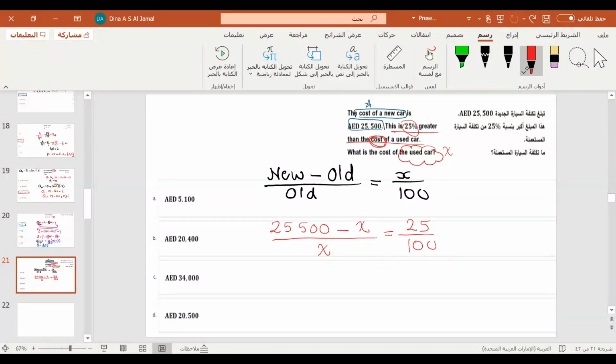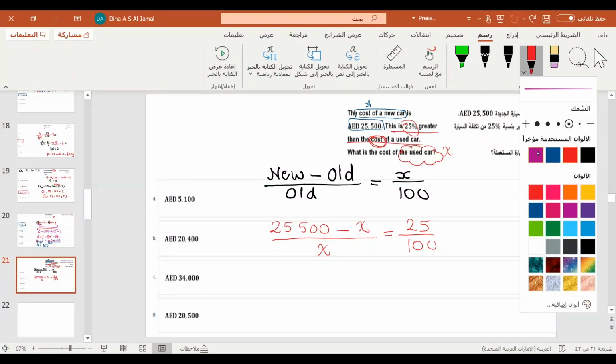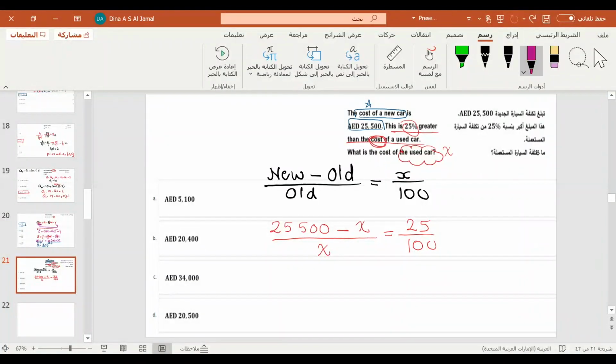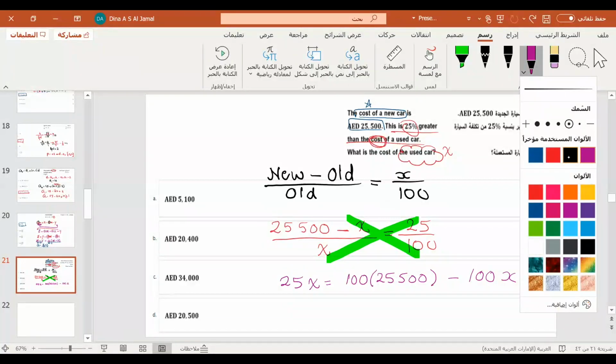So now what you need to do is that you need to solve it using the cross product. So you need to distribute and use the cross product. So it will be 25x equal 100 multiplied by 25,500. Then again you will multiply it with this one. So I made the distributive property at the same time.